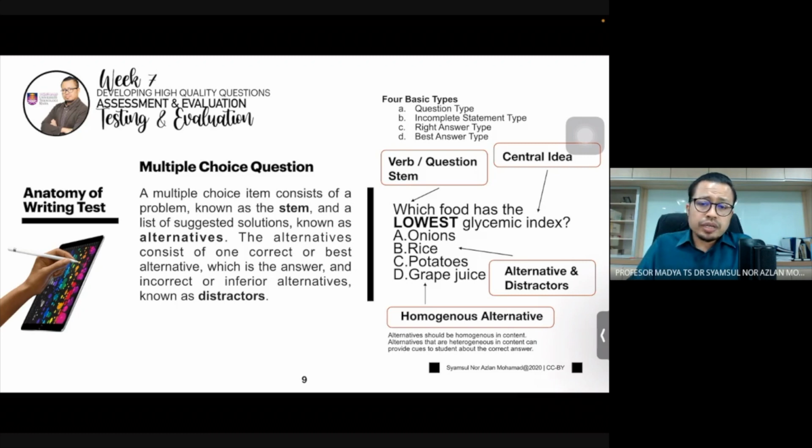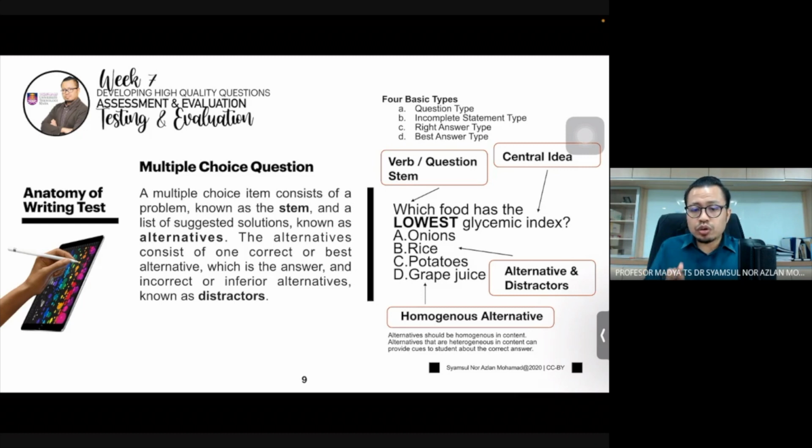But the most important part here is we need to understand the structure of the MCQ. You need to have the verbs or the question verb, as I mentioned on the previous video. You need to have the central idea. You need to have the alternative and distractor, and please make sure the answer must be designed homogeneously.